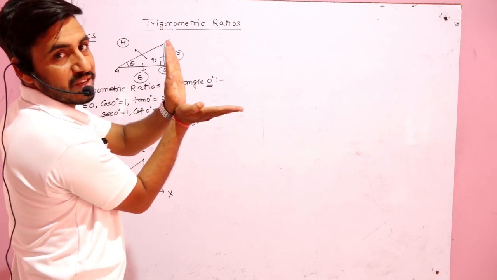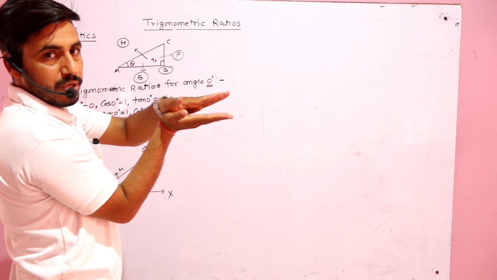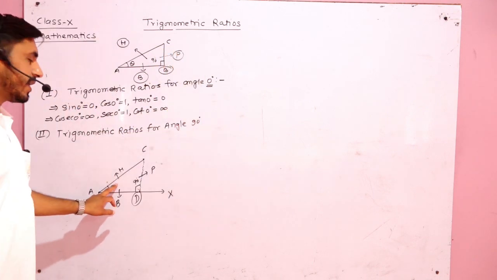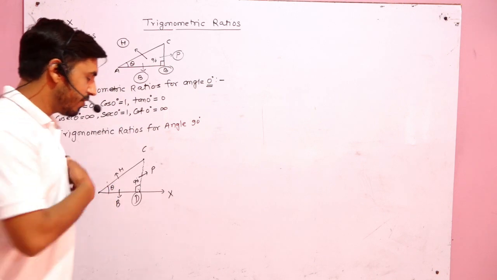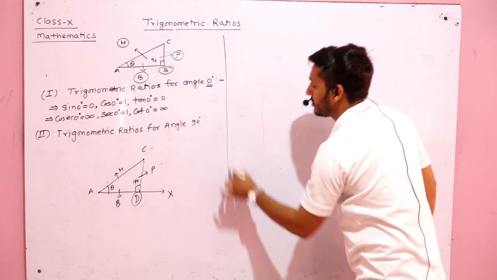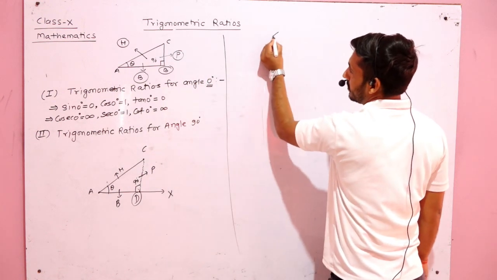In this condition we can see the hypotenuse, somewhere theta will be obtained, and if I am moving continuously, then the next figure is shown here.